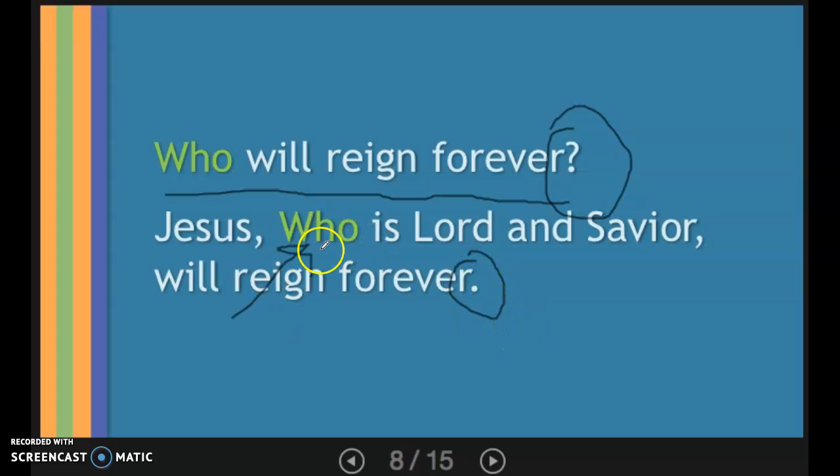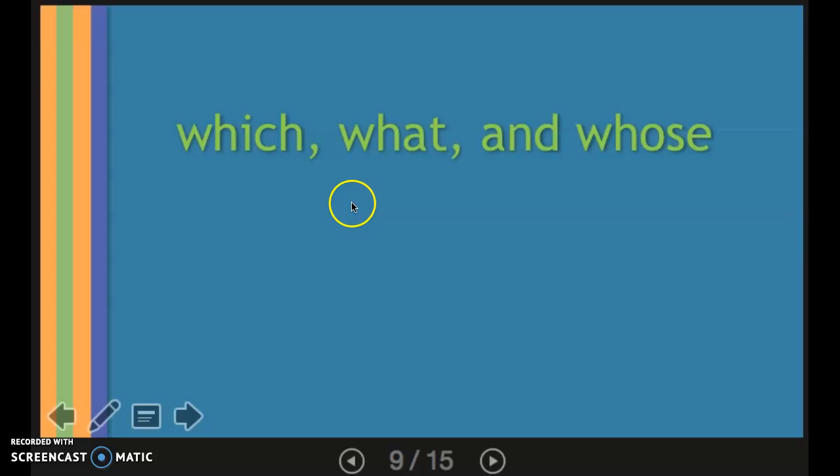You can see who in any sentence, and it can even be the subject. But if it does not ask a question, it is not an interrogative pronoun. So this is actually not an interrogative pronoun. No. This is an example of an interrogative pronoun. All right, let's move on to the next slide.